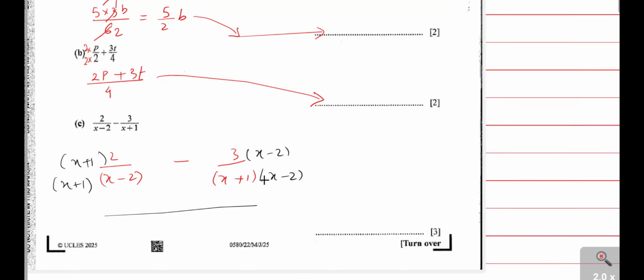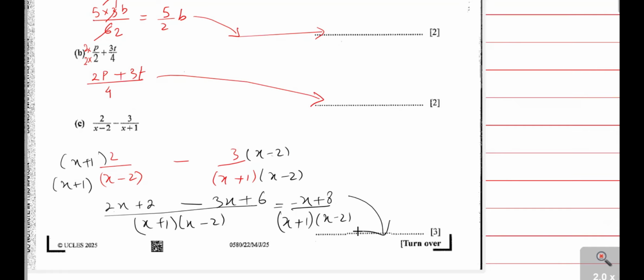Look here, both denominators become x plus 1 into x minus 2, and the numerator we can write 2x plus 2 minus 3x minus 6, since minus times minus gives plus, 3 times 2 is 6. Therefore, 2x minus 3x is minus x, 2 plus 6 is 8, and we write x plus 1 into x minus 2 as it is. This is the answer of part C.